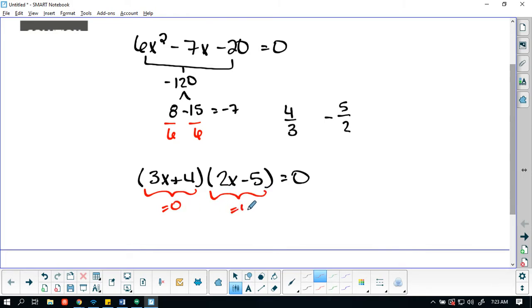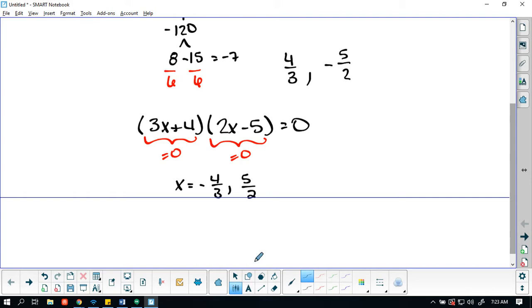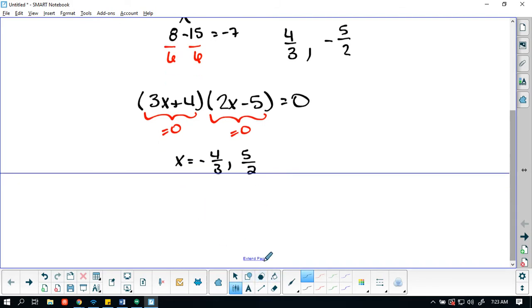Using the zero product property, we get x is equal to negative 4/3 and 5/2. Notice that it's just the opposite sign of what we found up here: 4/3, we have a negative 4/3; negative 5/2, we got a positive 5/2. So that was an easy way to find our values.